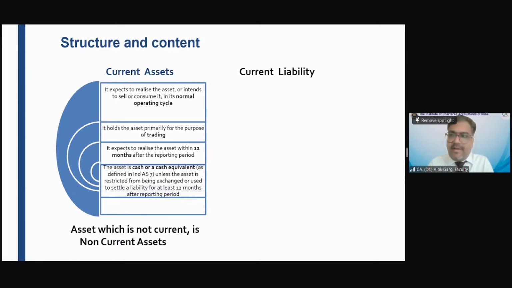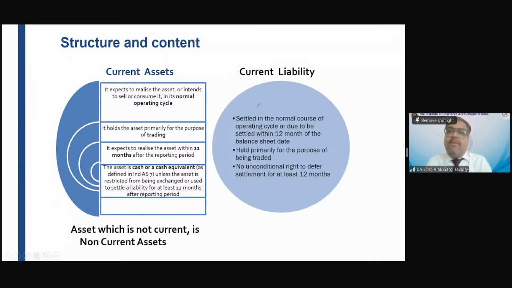For example, trade receivable, inventory, prepaid expenses. For any asset, you have to see whether you are expecting to realize this asset within a period of 30 months. If the answer is yes, it has to be current. If the answer is no, it has to be non-current. Right, sir? Thank you. Understood? Okay. Now let's move to the current liability.